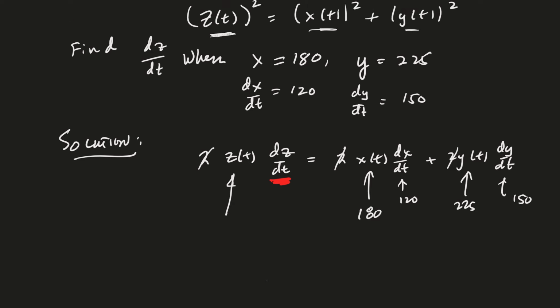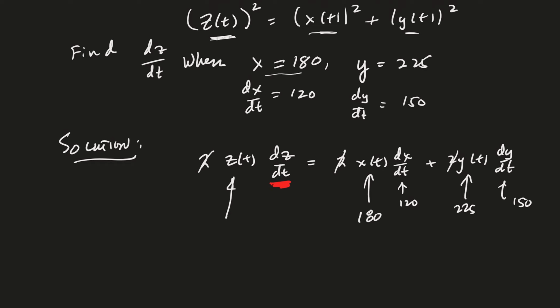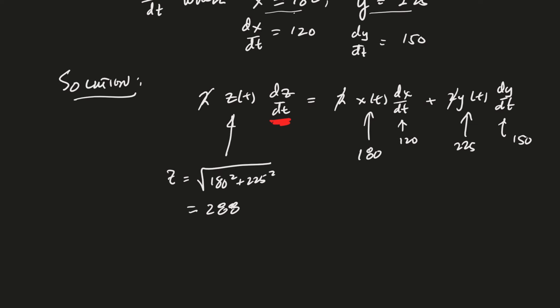Well, I'm not given it, but I am given that x and y are 180 and 225, so z must be equal to the square root of 180 squared plus 225 squared. If I compute that on my calculator, I get 288. So you should have your calculator handy while you're working these. Now you have all your numbers.